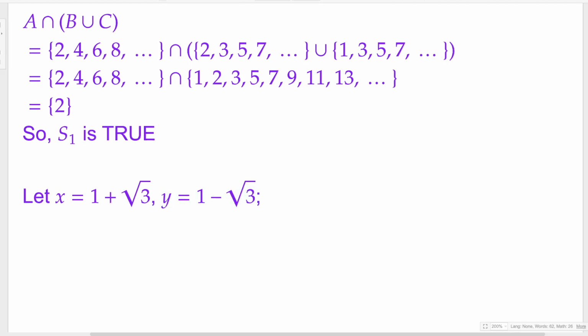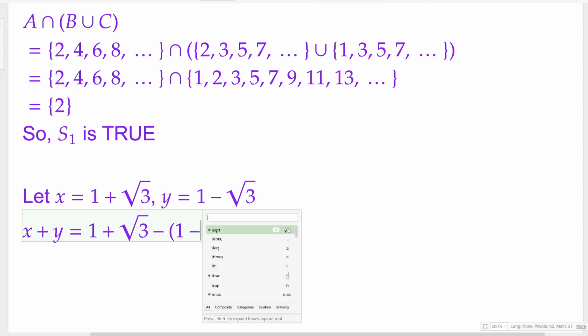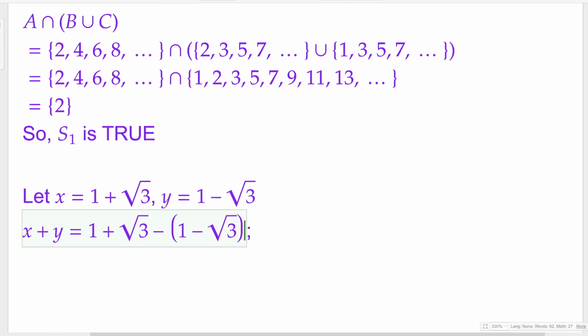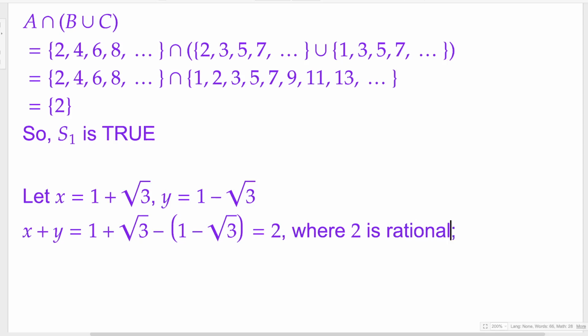Now if I add x plus y, you can clearly observe that 1 plus square root of 3 plus 1 minus square root of 3, the irrational part will be eliminated and we will have a rational number, 2, which is a rational number.